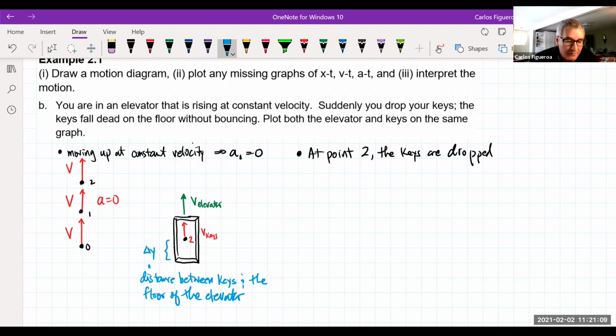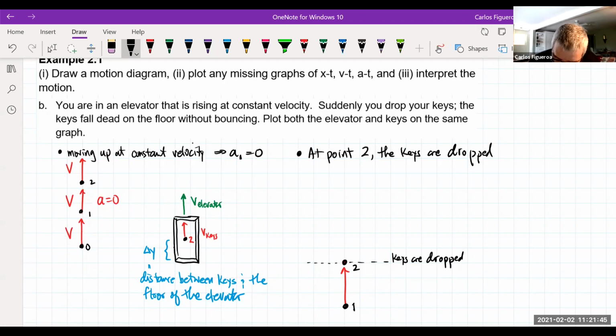So what I'm thinking here is that when I go over here to the second point, I'm going to ignore the elevator for right now, and I'm going to say this is my point 2. At this point, this is where the keys are dropped. So I know beforehand I have a velocity that goes like this, and this is 1, this is 2.